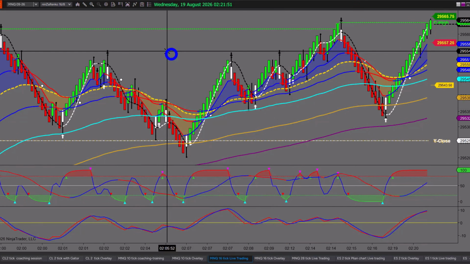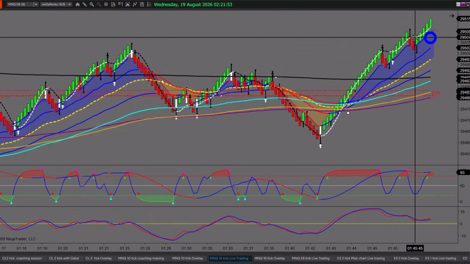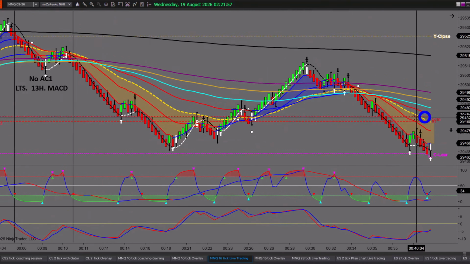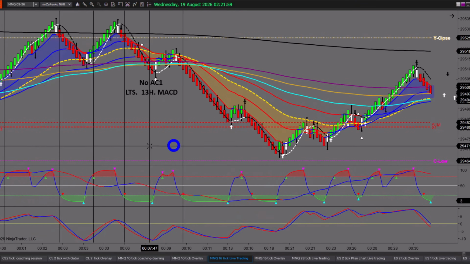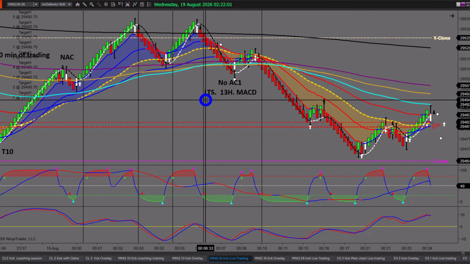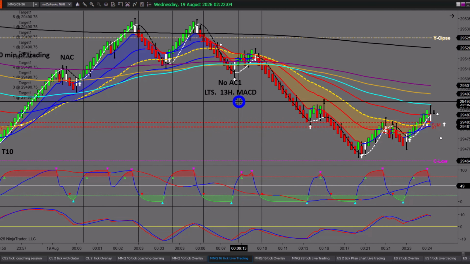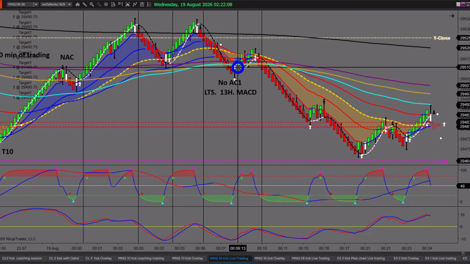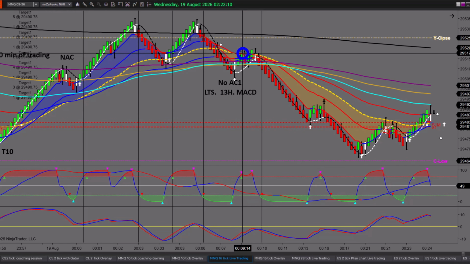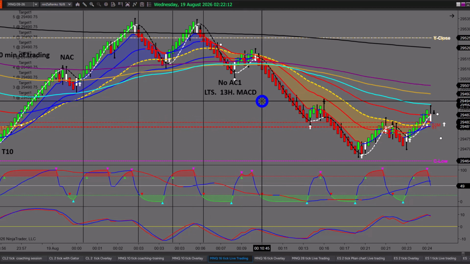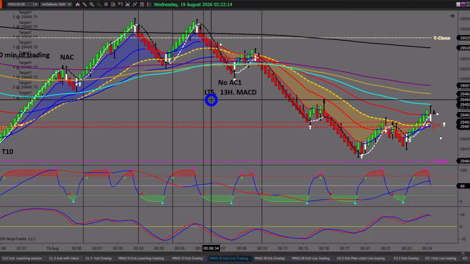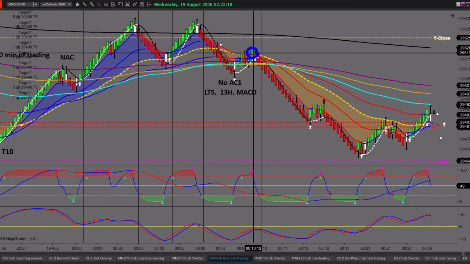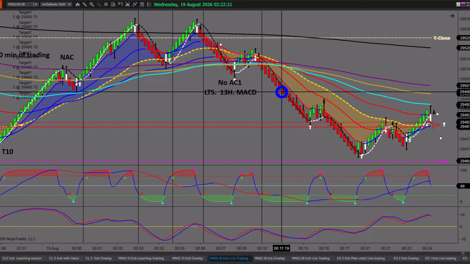Now if we go back here, I don't know if you noticed, but where I said no anchor chart, long-term stochastic 13H or MACD, and I've got custom settings on all of these. So even though we had a potential long just there, nothing on the anchor chart 1 confirmed the trade. In fact, we can see quite clearly we are rolling over.